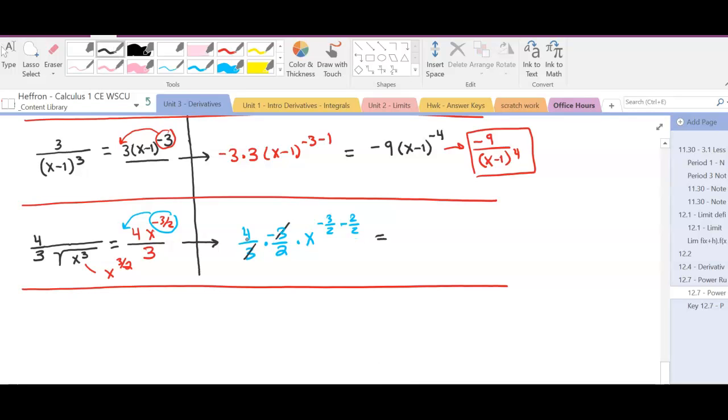or simplifying some things, negative 2 x to the negative 5 over 2, or negative 2, turning this negative exponent down to the denominator, x to the 5 over 2, and one more step, negative 2 over square root x to the 5th power.